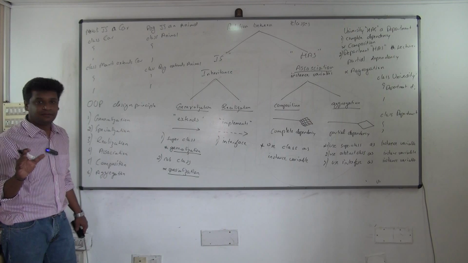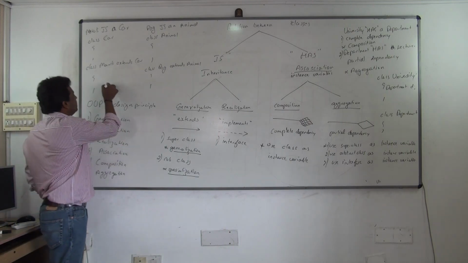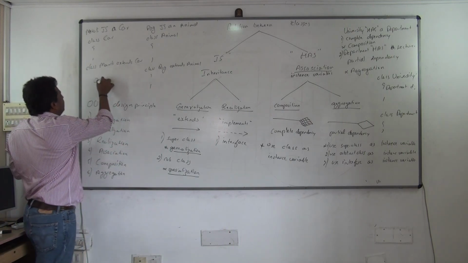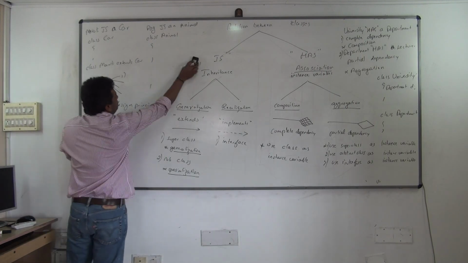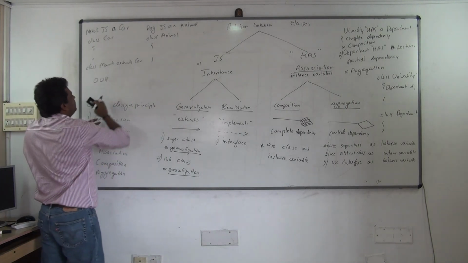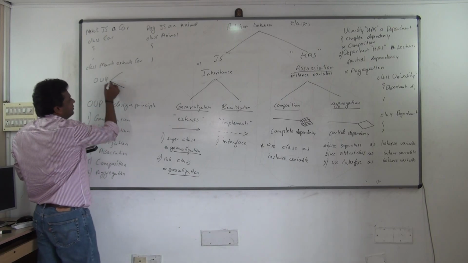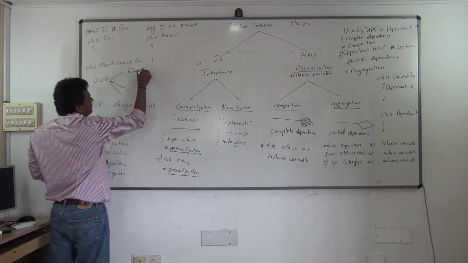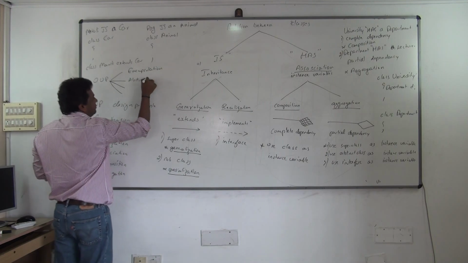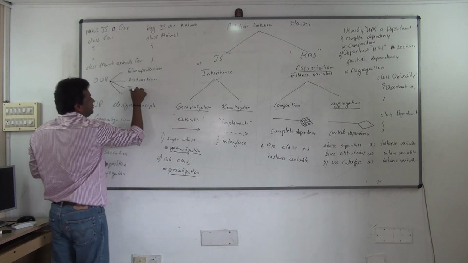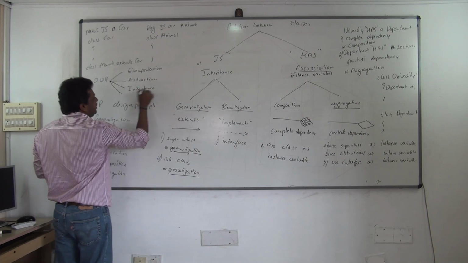You struggled all your life for understanding OOPS. OOPS actually means what? See, OOPS means four things that you clearly have to understand: encapsulation, abstraction, inheritance, and polymorphism.